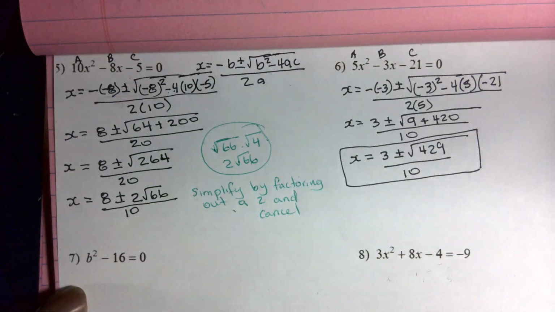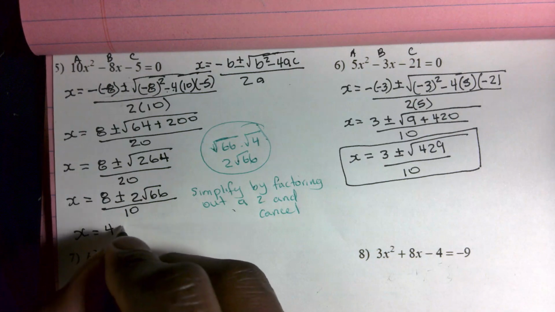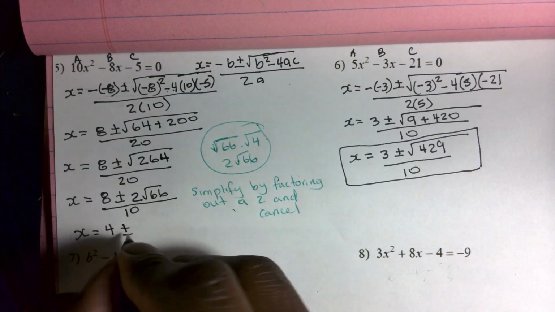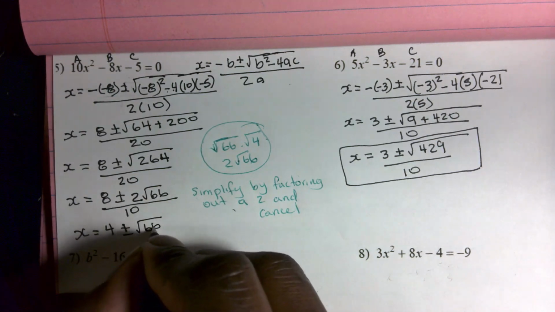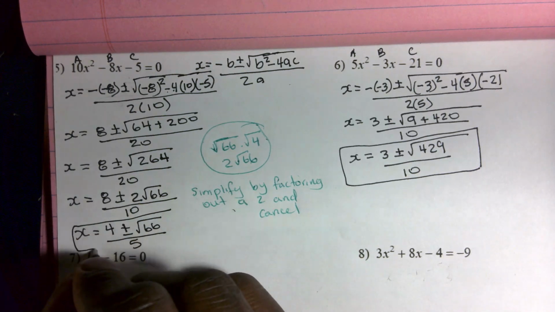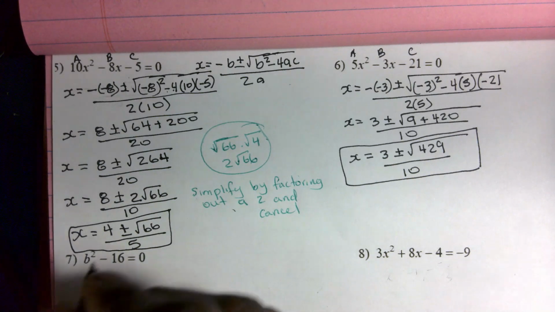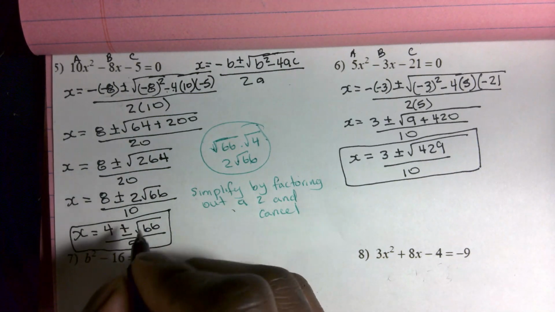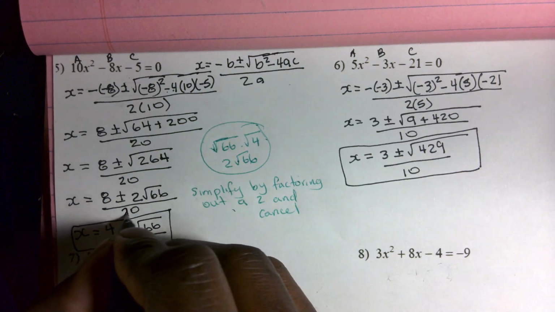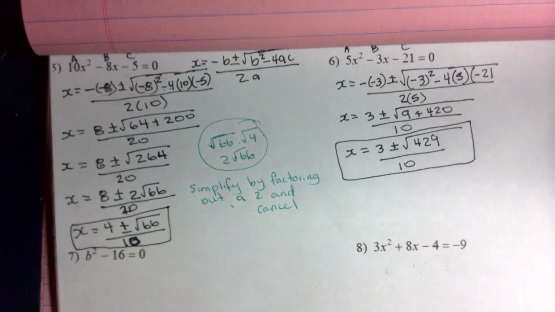So when I do that, I get x equals 4 plus or minus root 66 all over 10. Boom. There's my answer.